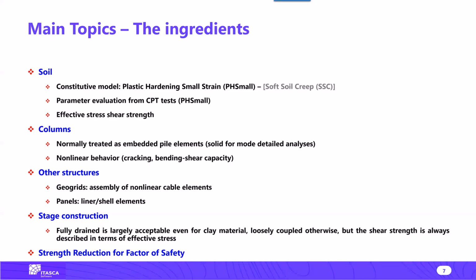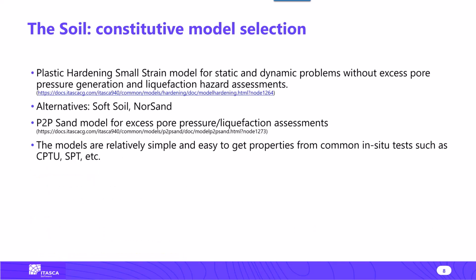And finally, the strength reduction factor analysis provides a more comprehensive way to investigate local, global, or multi-complex failure mechanisms. So yeah, the constitutive models, as mentioned, are largely used in the industry. The plastic hardening small strain is widely recognized worldwide. There's an extensive amount of literature, and there are a few links there to our website in case you want to investigate.